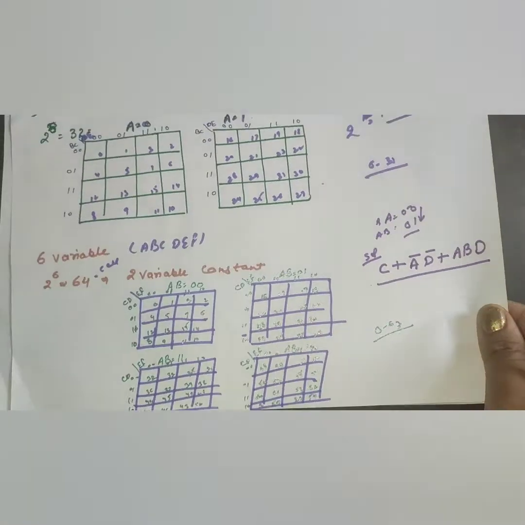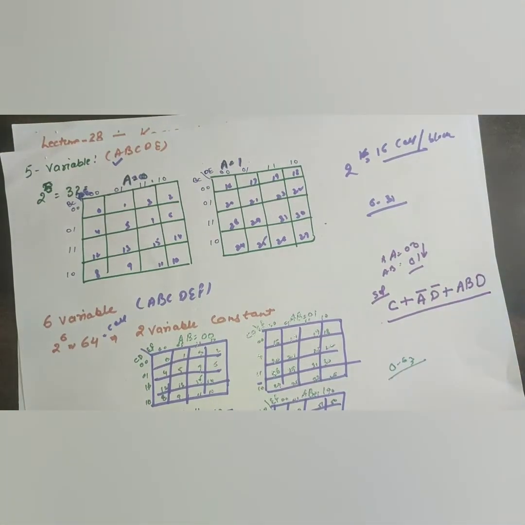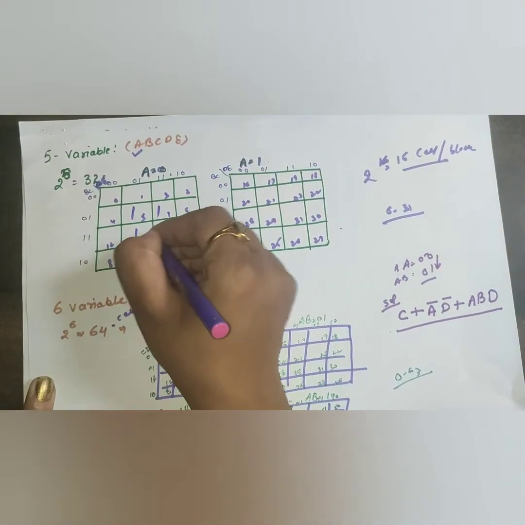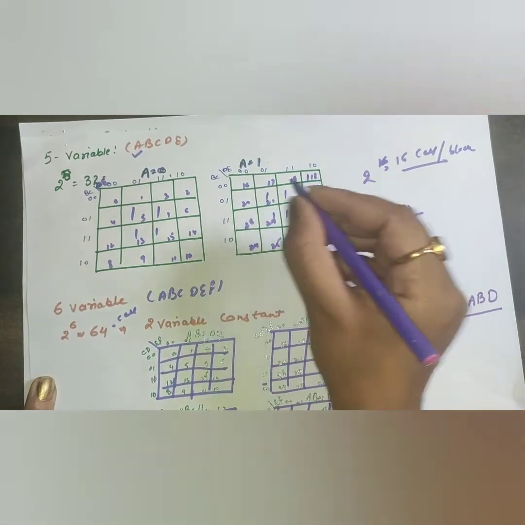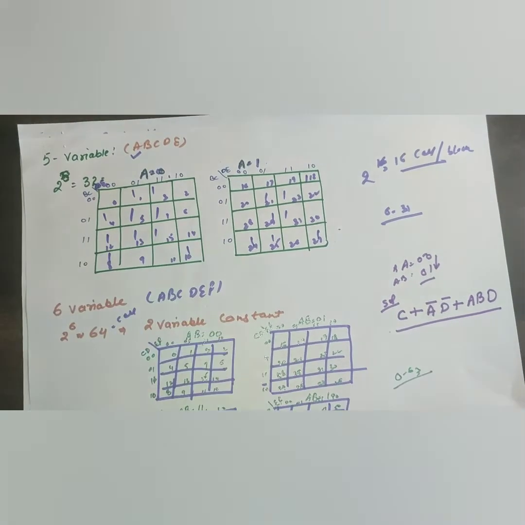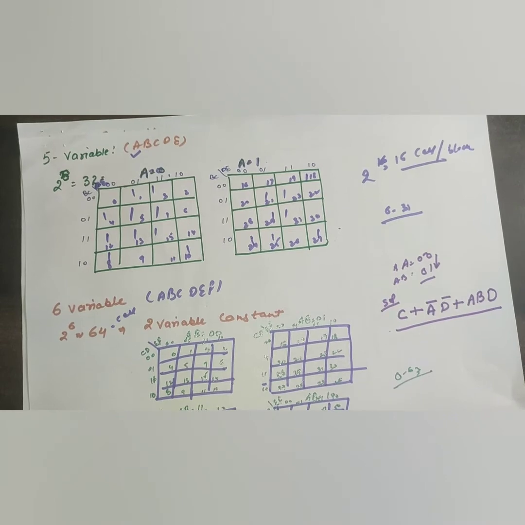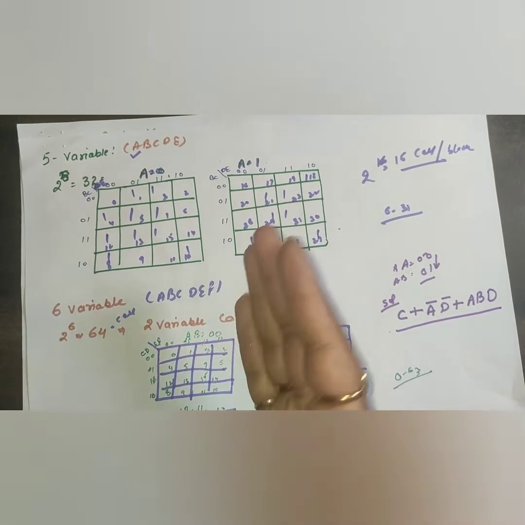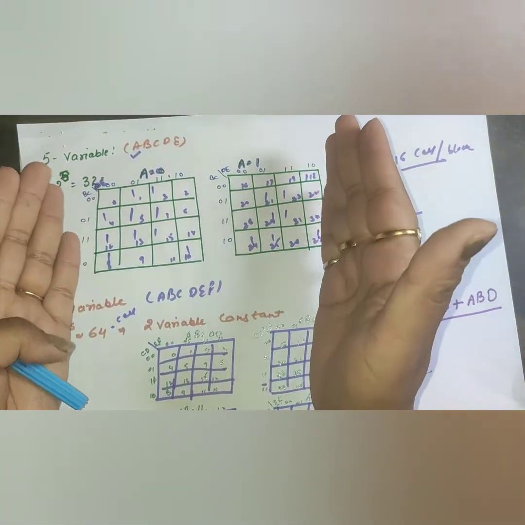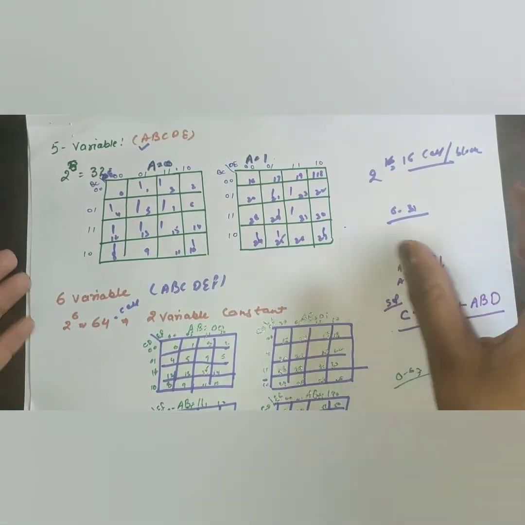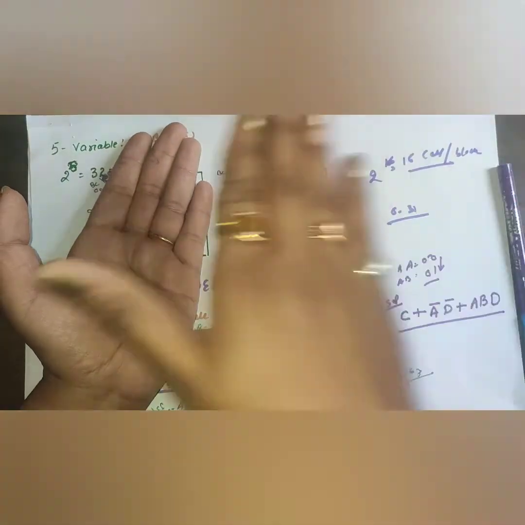Now you can check how we do the grouping. Now I will do one more example. Let's suppose we have some ones like this. Now how can you do the grouping? You should consider 5 variable, 6 variable and 4 variable K-maps overlapping each other. You should consider this overlapping like this.